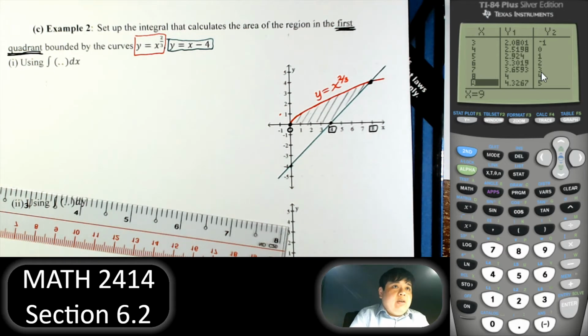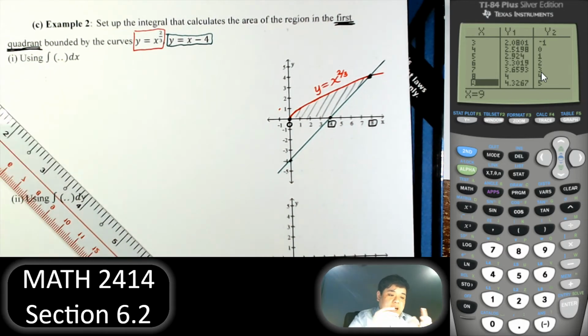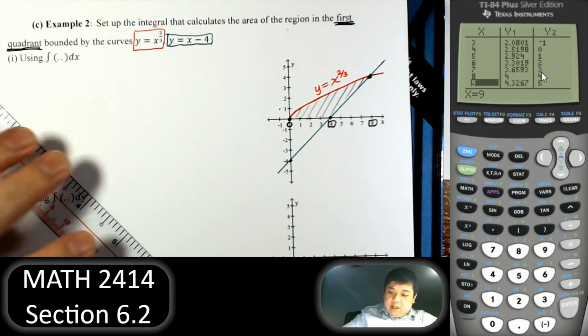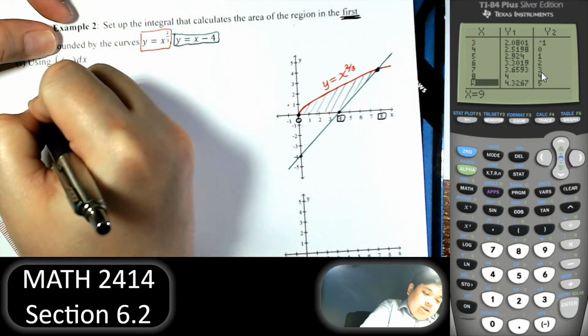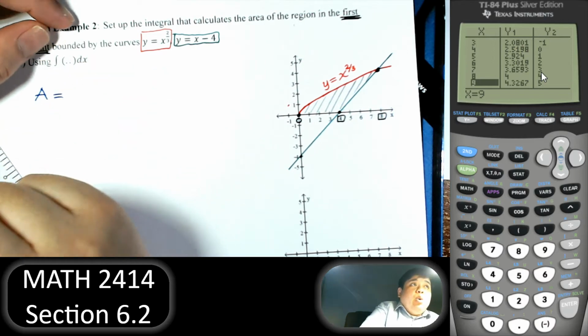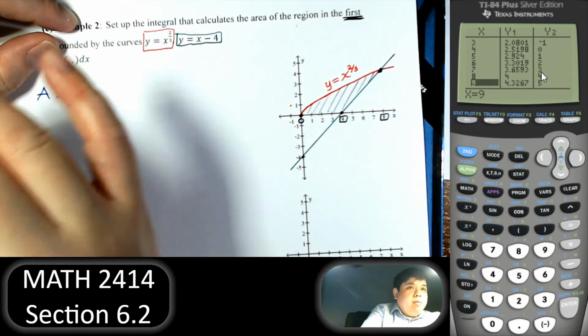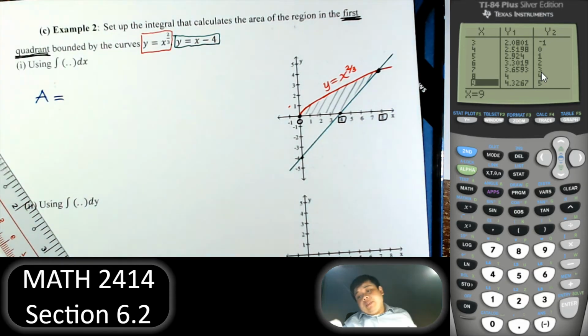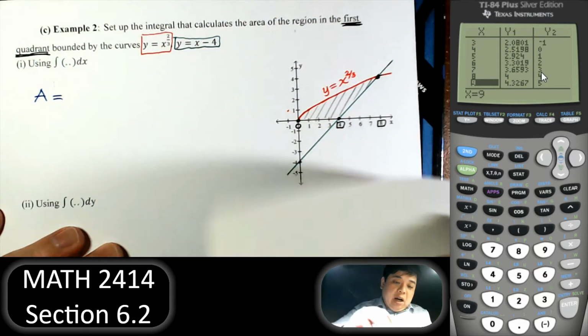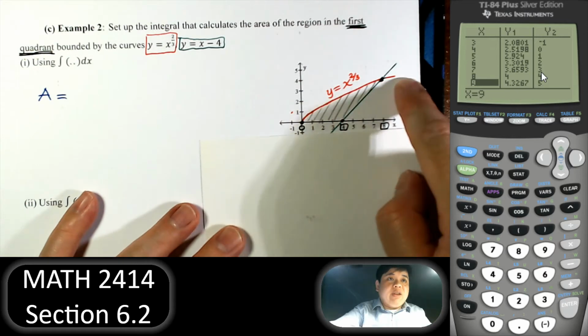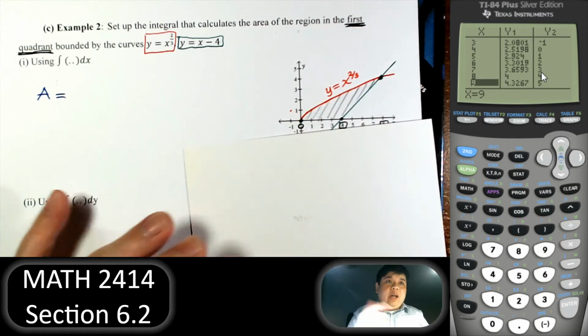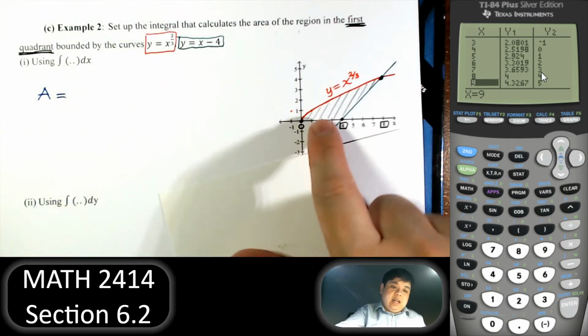Right, now we find the area. Now, two ways to do that. Again, using dx, and then using dy. So let's look at dx first. If it is dx, we need the upper function minus the lower function. Above, obviously the upper function is that curve.